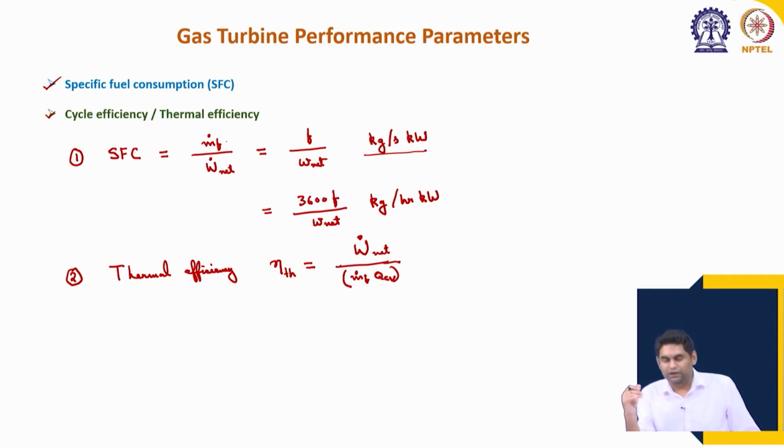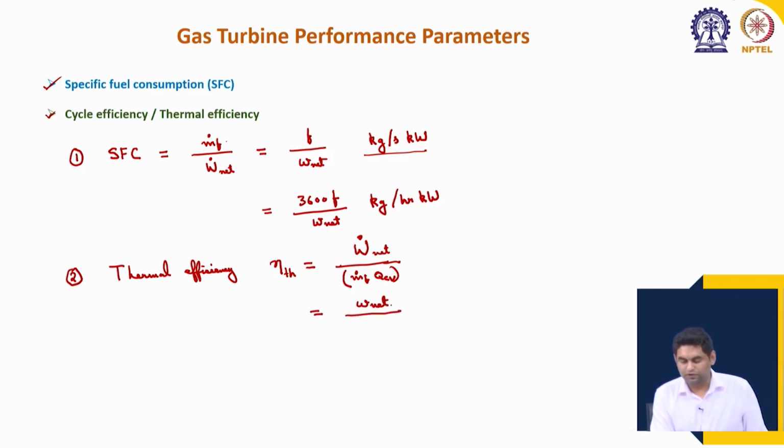So, theoretically this is the energy that is available. Of course, there is an upper limit to how much of it can be converted to work based on the Carnot cycle efficiency, but the actual efficiency we will get will depend on the actual work output. So, this can also be written as, by dividing both top and bottom by m dot A, W net by F into QCV. So, this can also be related to SFC.